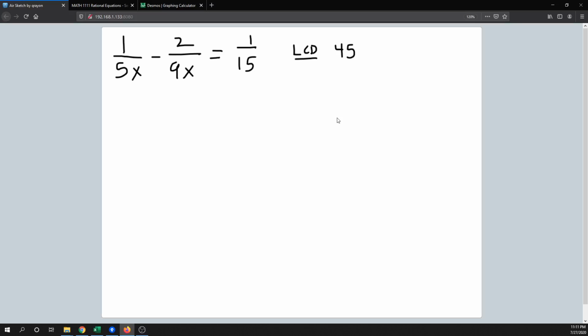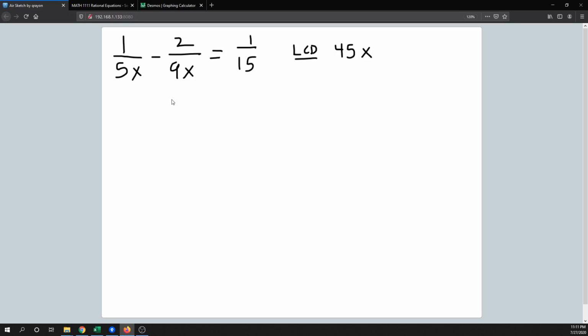Looking at the variables, I've got an x, and so the LCD is going to have at least one x in it. Here you might be tempted to add another x into the LCD, but it doesn't need another x. It's not the total number of x's that appear in the denominators.